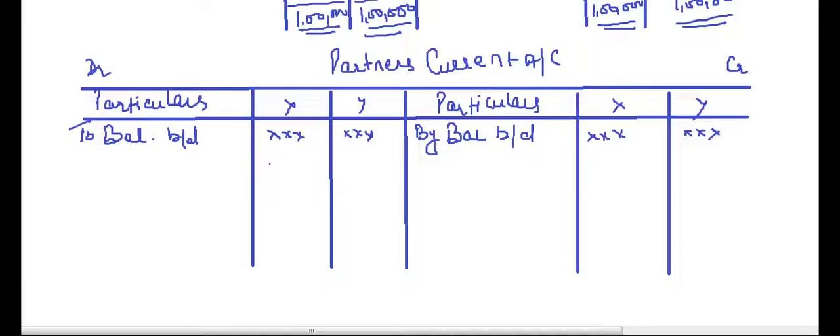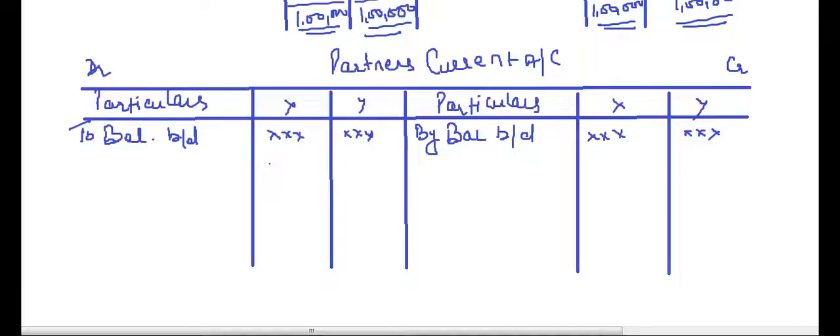Now remember, while preparing the P&L appropriation account, we discussed a few things. We discussed profit, then we discussed interest on partners' capital.